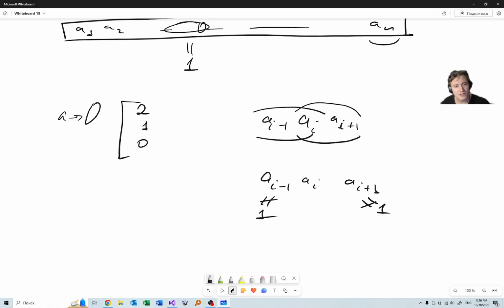Because if you have a_i and 0, a_{i-1} and 0, this pair only depends on this number. Actually, the GCD of these two numbers is the left number. So if it is 1, then the GCD is also 1. And if it is greater than 1 or 0, so like not 1, then the GCD would also be not 1. So it is important if the number is 1 or not 1.